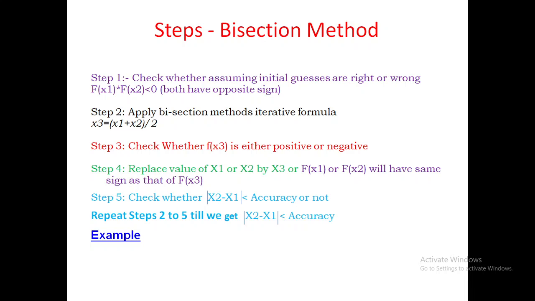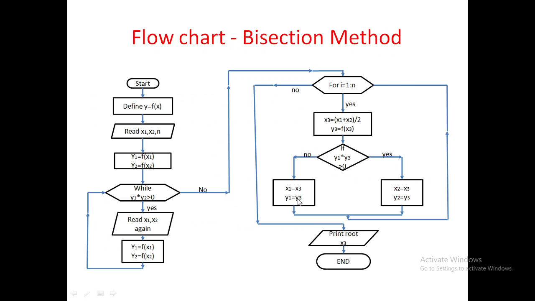Okay, all of you remember what I am telling. In the bisection method you use iterations till we get mod of x2 minus x1 less than the accuracy, then you will get the root of the equation for the given accuracy. That value satisfies the given function.